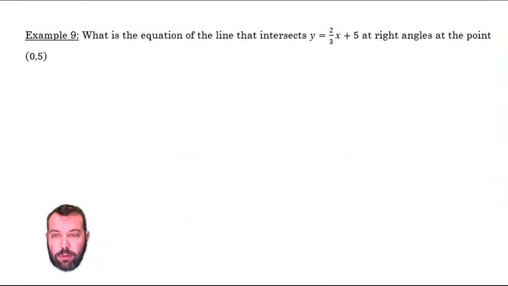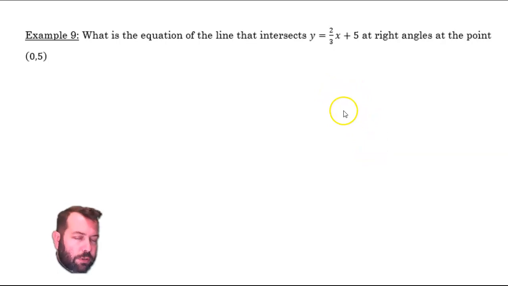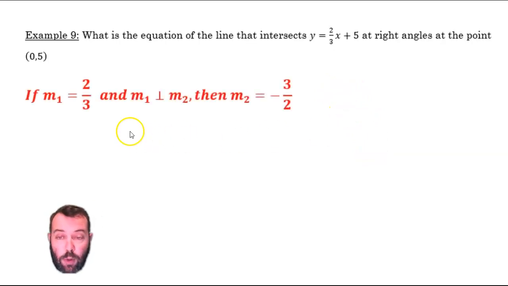Now, we've got another example. What about the equation of the line that intersects this line at right angles at this point? So, I need a line that has a specific gradient and passes through this point. The gradient of a line that is perpendicular to another: when I multiply those two gradients together, I get -1.